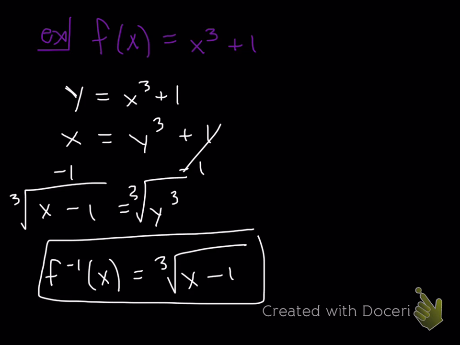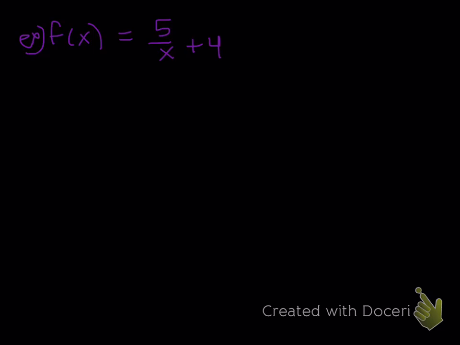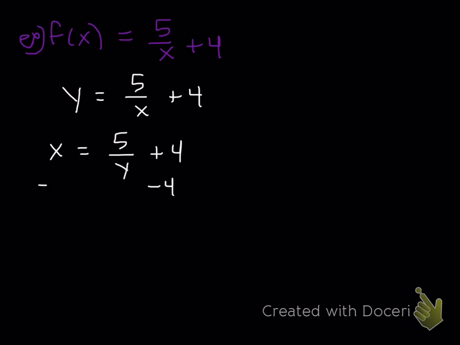So one more example for today. So here we have 5 over x plus 4. So I have y equals 5 over x plus 4. So switch x and y. Now I need to solve for y, so I subtract 4 from both sides. So x minus 4 equals 5 over y.